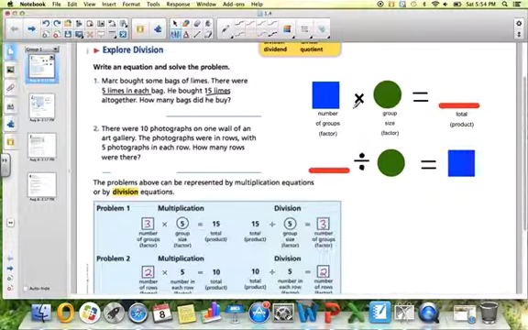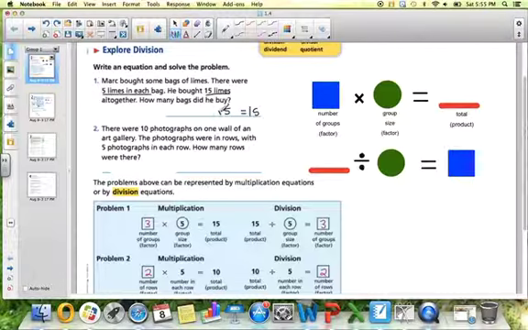So we multiply the number of groups by the group size to get the product. We've been doing that constantly, so you guys know how to do that. So we know the product, so let's write that into our equation. And we know the group size is 5.